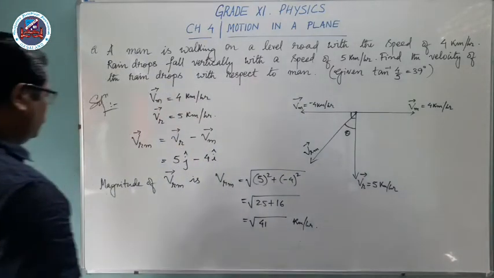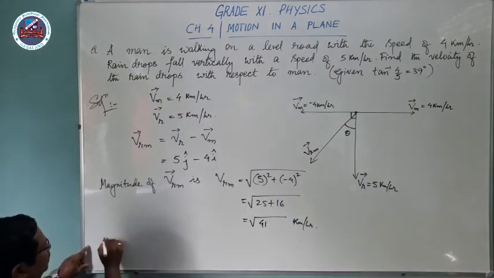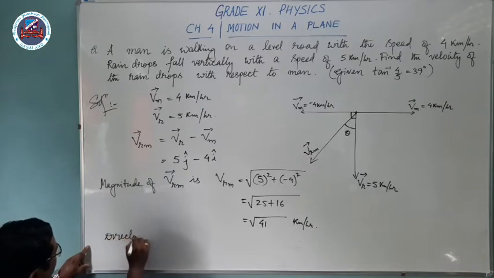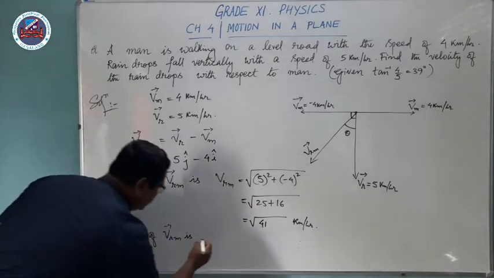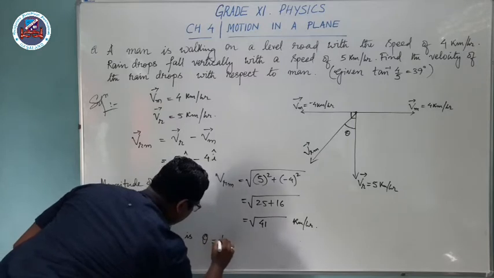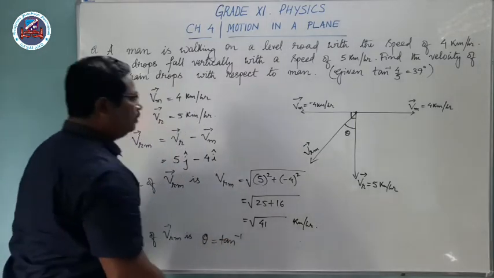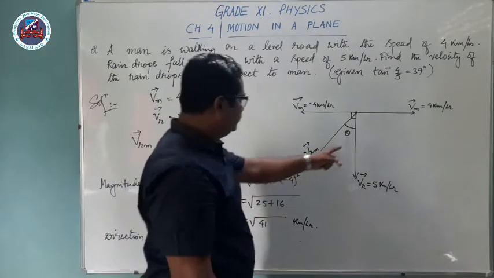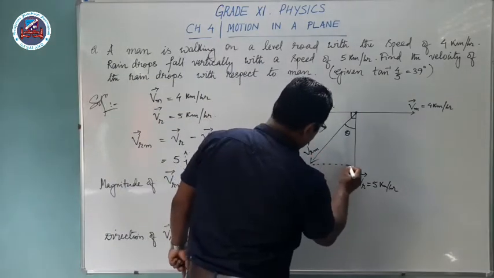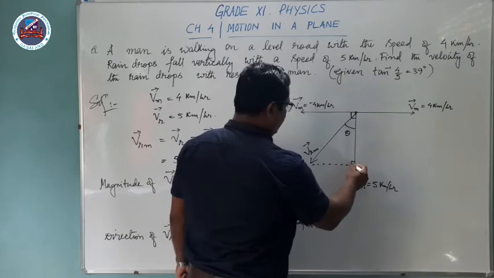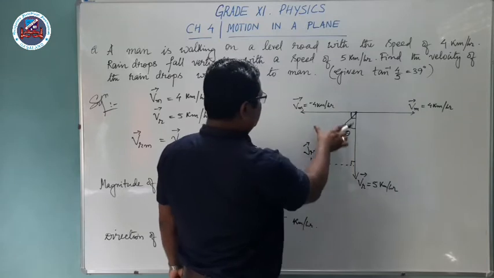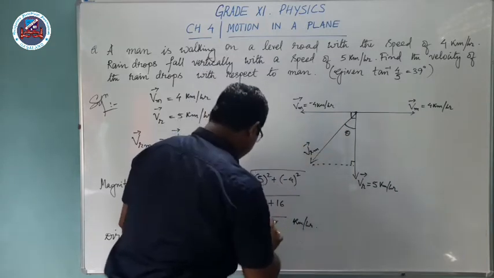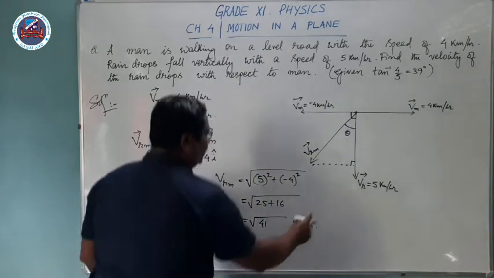The direction of velocity of rain with respect to man is theta equal to tan inverse of, if you drop a perpendicular like this towards the y-axis, this is the perpendicular and this is the base. The perpendicular is Vm, that is 4, divided by the base, which is 5.